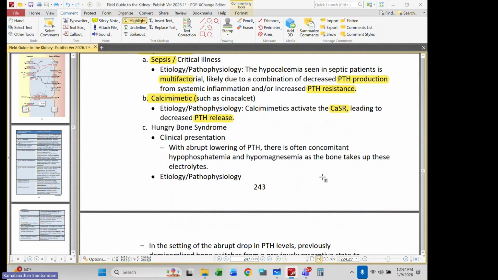Okay, hungry bone syndrome. That's another one that you'll definitely encounter. This is a presentation characterized by an abrupt lowering of PTH, either in a patient who has severe sustained tertiary hyperparathyroidism, you send them for subtotal parathyroidectomy or total parathyroidectomy with autoimplantation, or this is a patient with sustained primary hyperparathyroidism who undergoes adenoma removal, right?